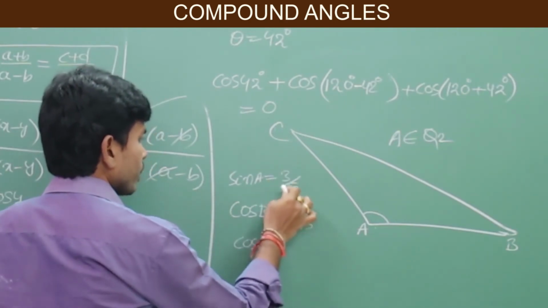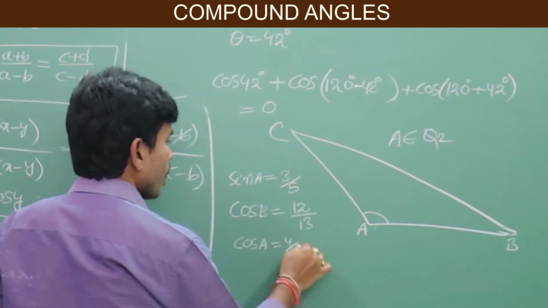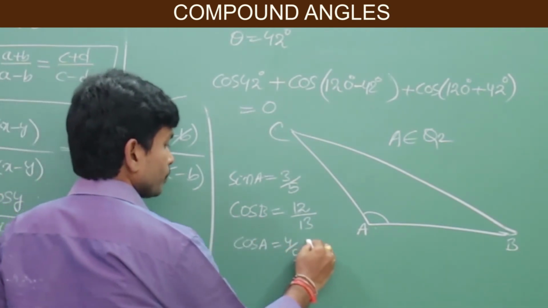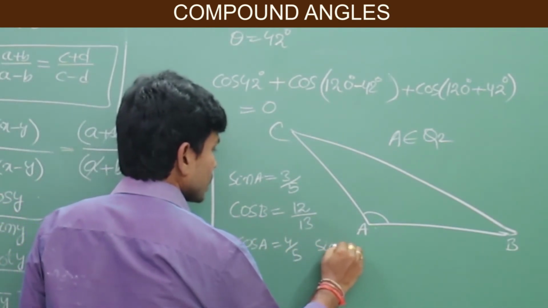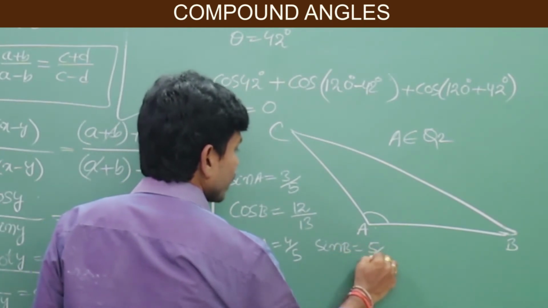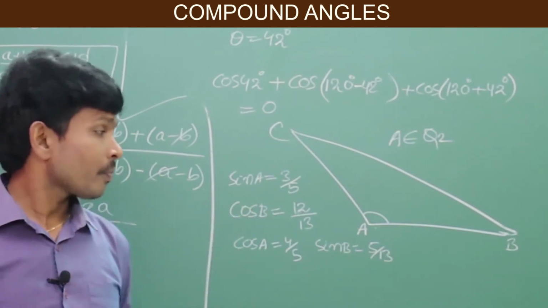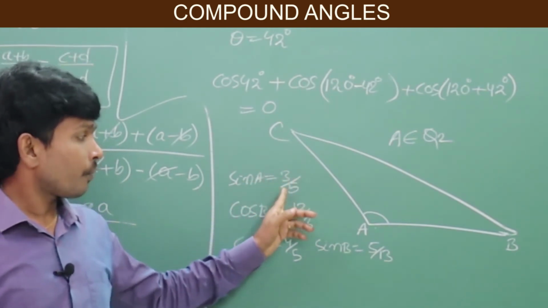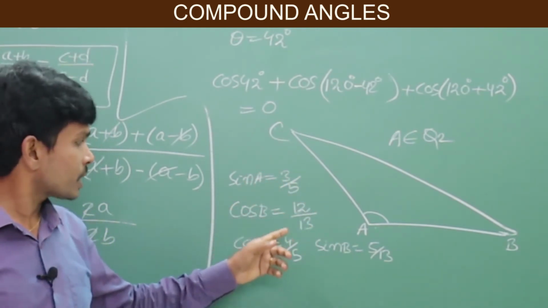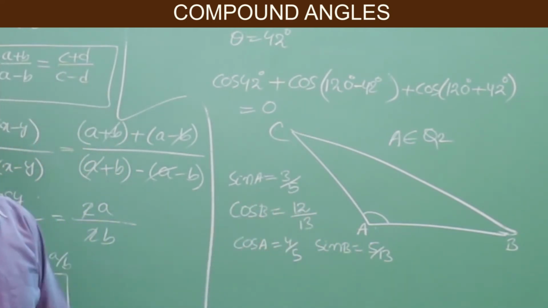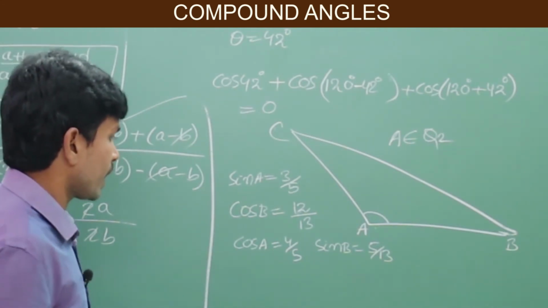Cos A value is −4/5. cos B = 12/13, then what about sin B? sin B = 5/13, because the Pythagorean triplets we have already given: 3, 4, 5 and 12, 5, 13. Also one more triplet.